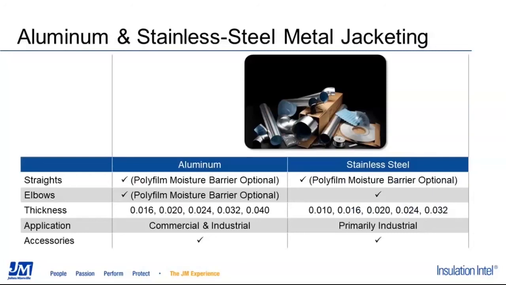Both products are offered in a variety of thicknesses. From an application perspective, aluminum is great for commercial as well as some of the industrial applications. Stainless is generally used in industrial applications, as well as some of the niche situations. And as I've mentioned, we have a full line of accessories for both aluminum and stainless steel products.